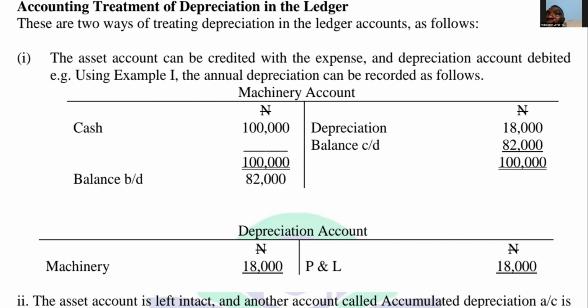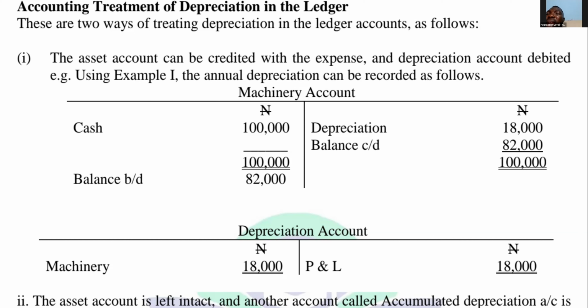Your depreciation account is found under the statement of profit or loss as an expense. So you credit your asset account, then debit your depreciation account.